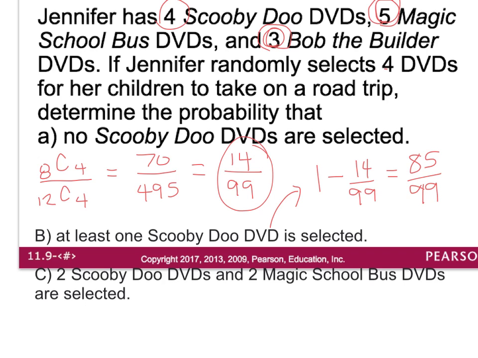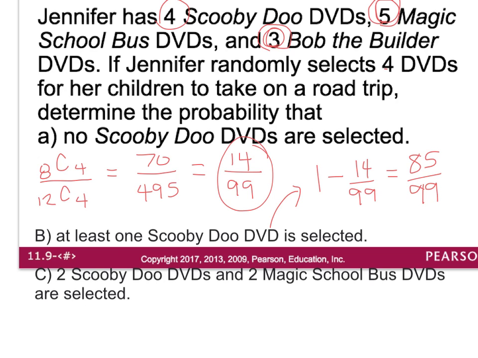All right, last, part C. If Jennifer randomly selects 4 DVDs for her kids to take on a road trip, determine the probability that 2 are Scooby-Doo DVDs and 2 are Magic School Bus DVDs. Keep in mind she wants 2 things to happen: 2 of them to be Scooby-Doo and 2 of them to be Magic School Bus.